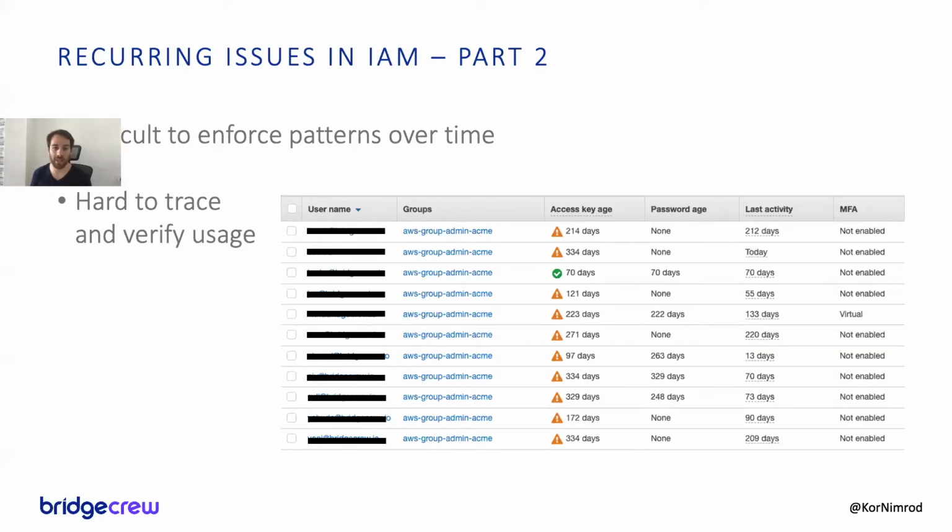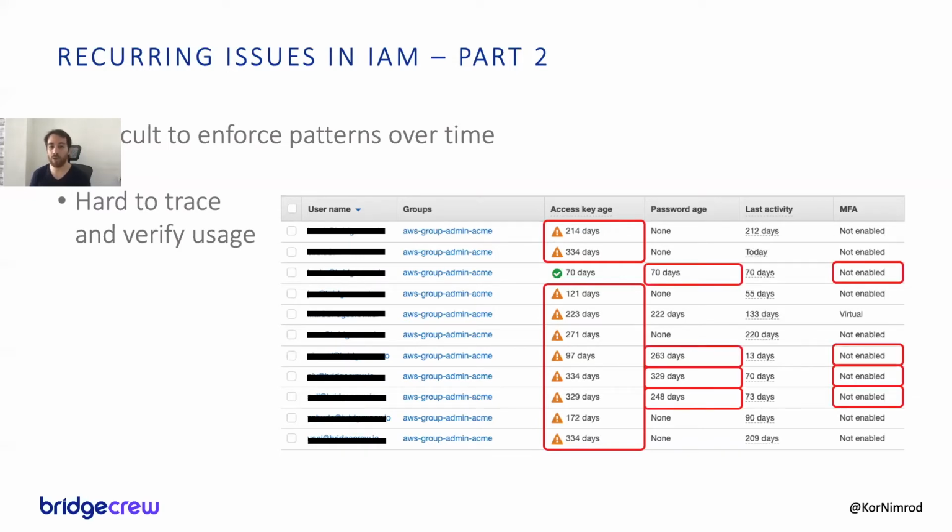Again, let's see a simple example of it. You'll see this is the 11 admins from the admin group we saw before. And if we look closer, we'll see that 10 of the 11 have access keys which are older than 90 days. Best practice by multiple benchmarks like CIS and SOC 2 says that access key age should be up to 90 days and then it should be rotated if it is in use. So as you see, we only have one user who's compliant with that requirement, but that's not it.